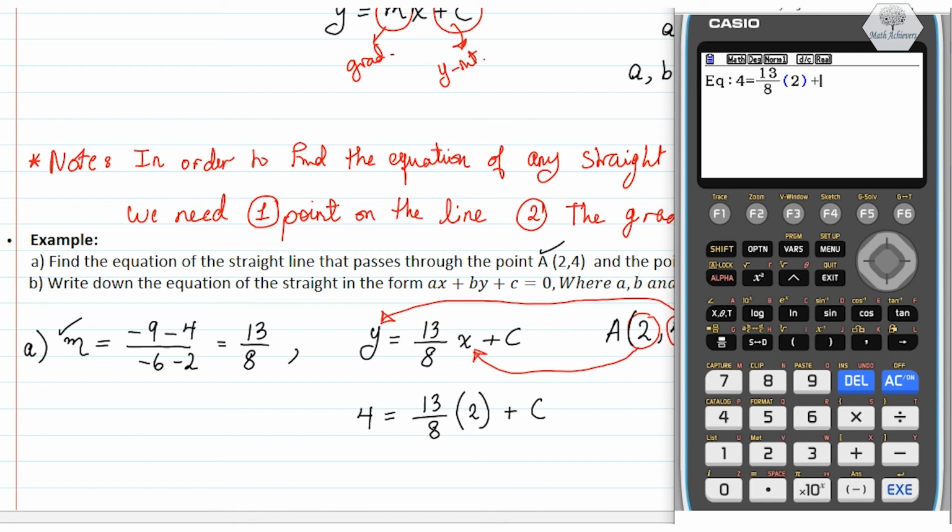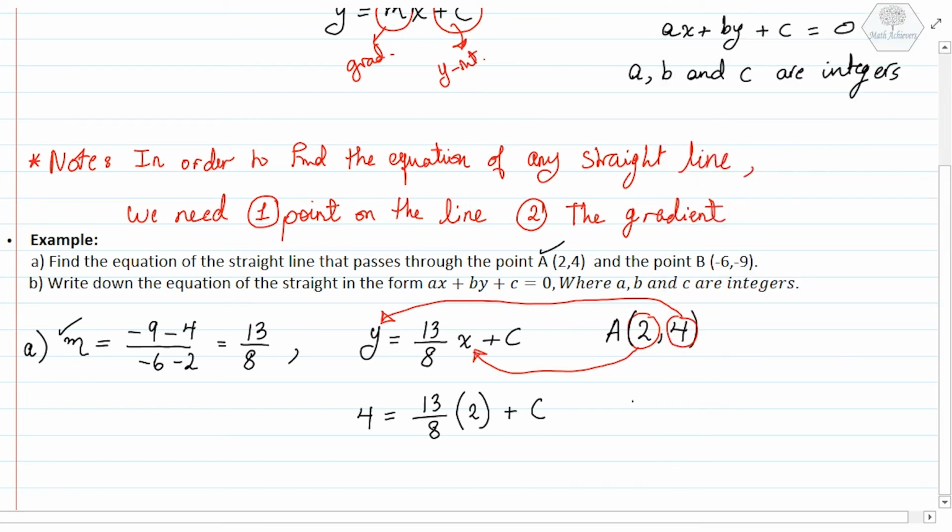In this case, I add it as x. And then I execute. I press on solve. I'll be having the value of c to be 0.75. So now c is equal to 0.75, which is equal also to 3 over 4.